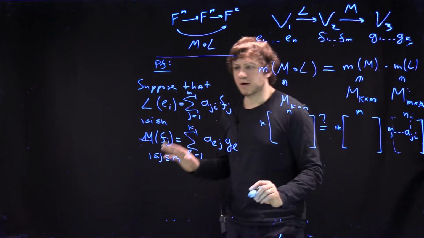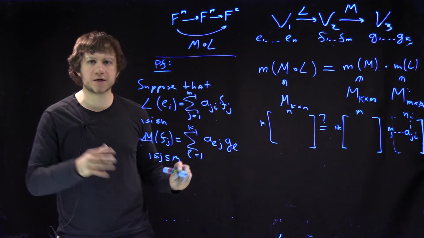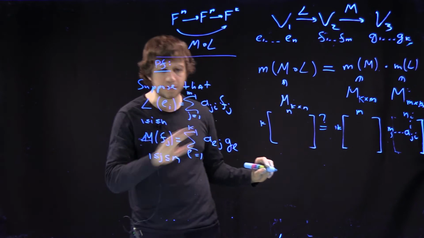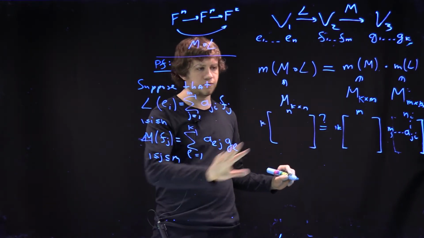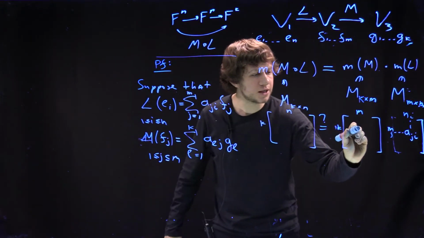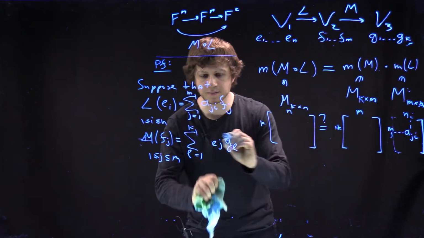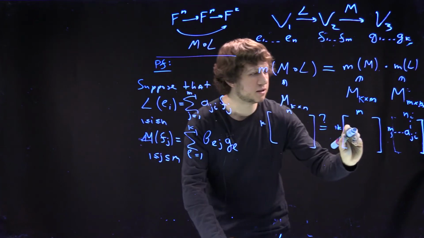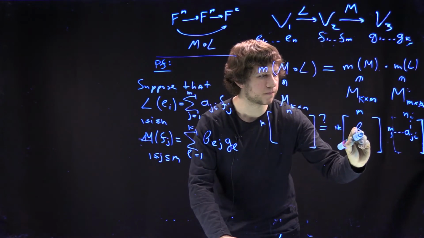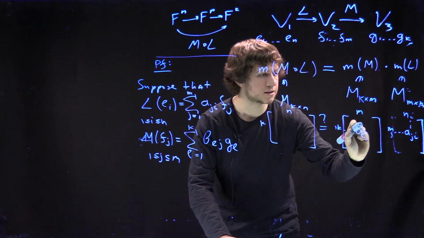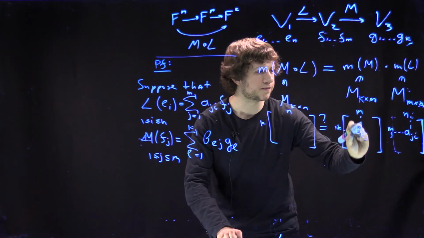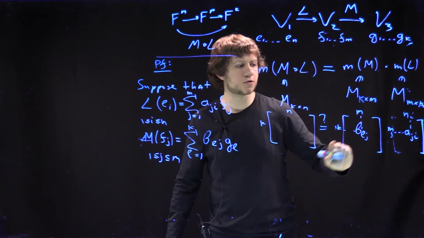Mathematicians are bad with that, and also mathematicians working on the board are completely terrible with that. So I'm very sorry. So ALJ, and this should be not L, but some other letter, say B. So this is BLJ, and that stands in J's column and L's row.